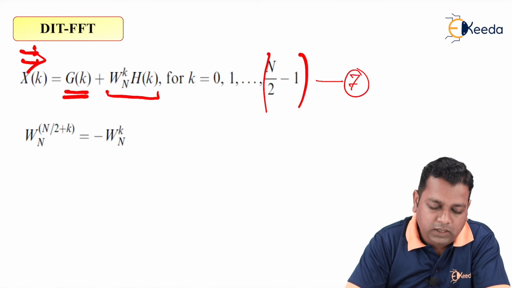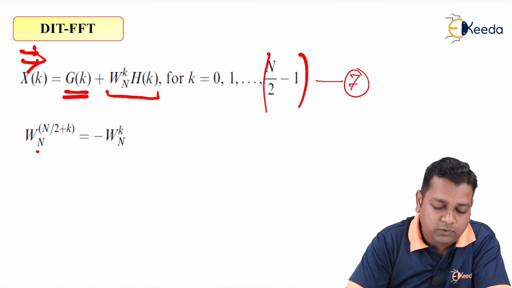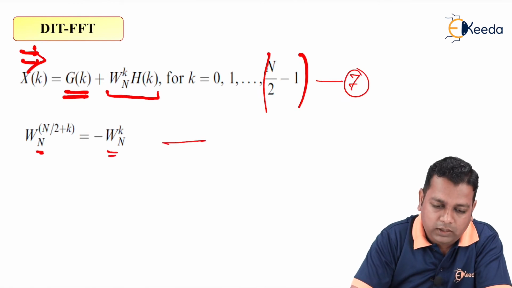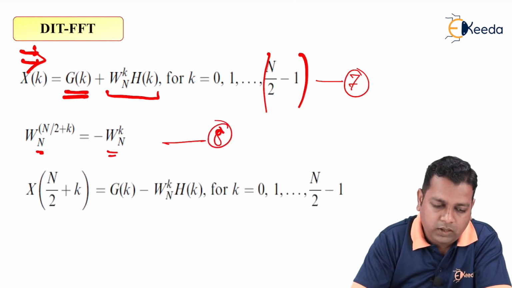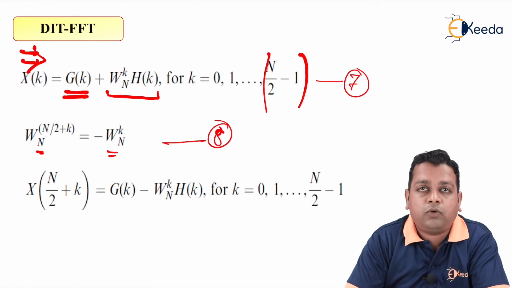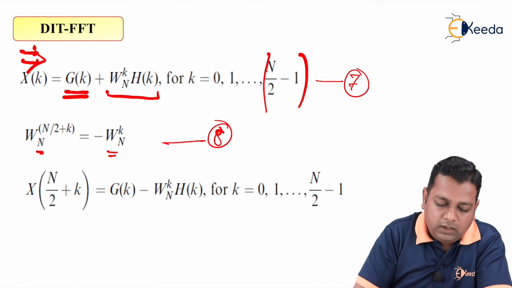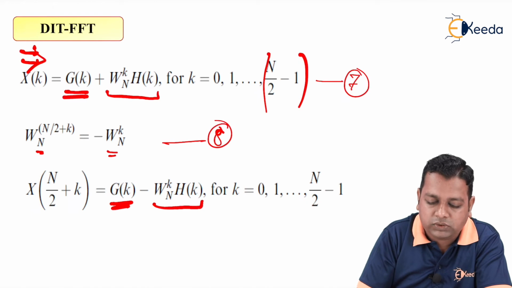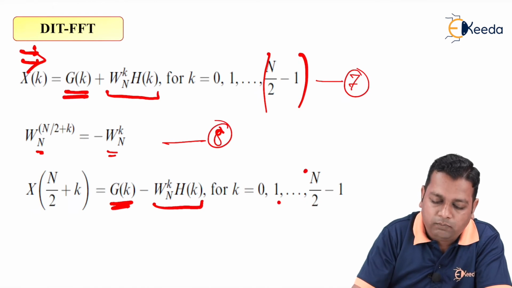Now, considering the relation of capital W suffix N to the power capital N by 2 plus k to be minus of W suffix N to the power k, let us call it equation number 8. For the second half of the frequency, we can obtain capital X of capital N by 2 plus k to be G of k minus W suffix N power k into H of k, for k equal to 0, 1, up to N by 2 minus 1.